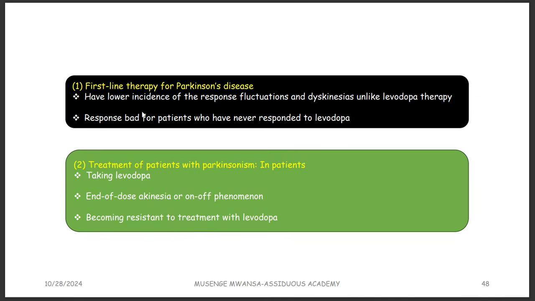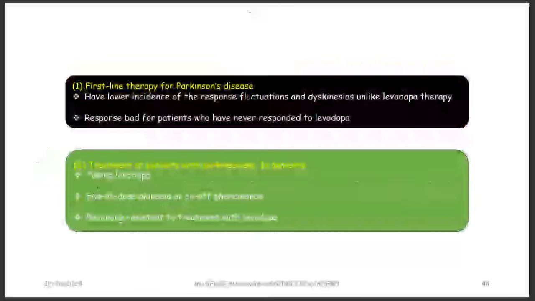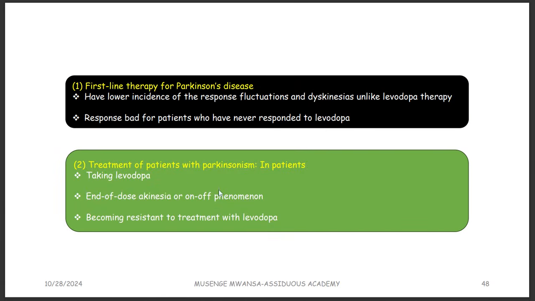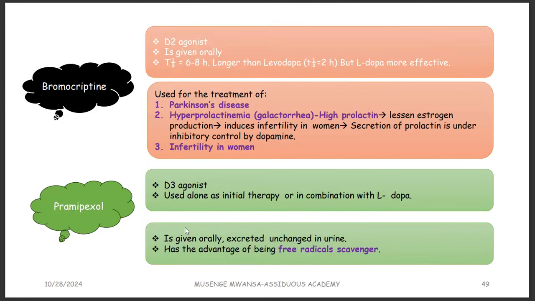They can help those patients who have never responded to levodopa. And you can use them in patients taking levodopa, those patients who are on end of dose akinesia or on-off phenomenon, and those patients who are becoming resistant to levodopa. So those are all functions.